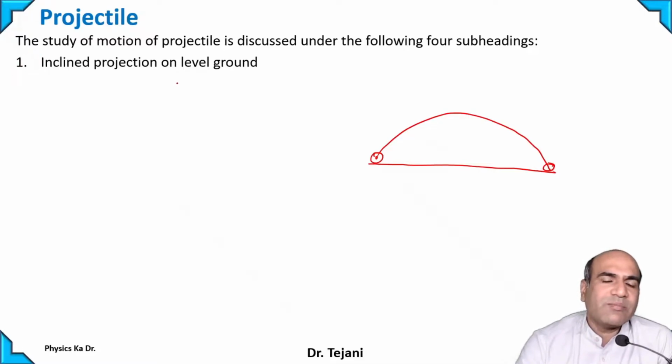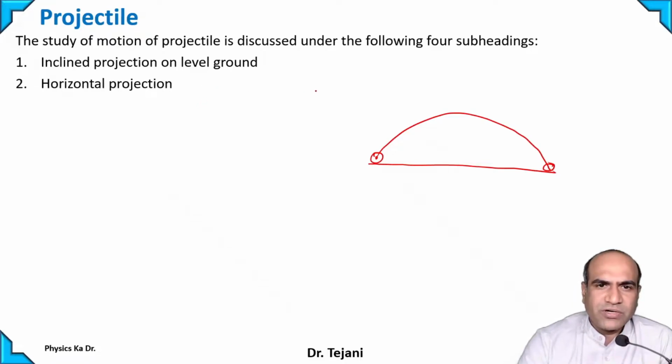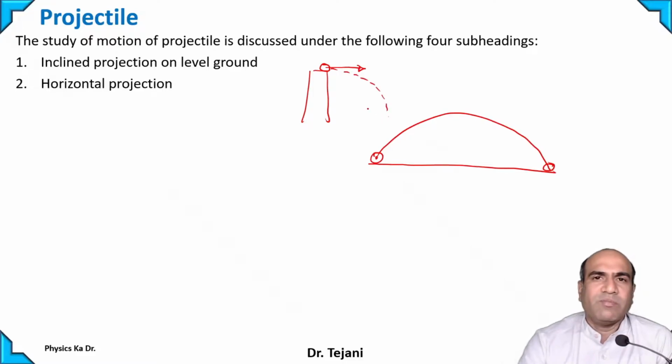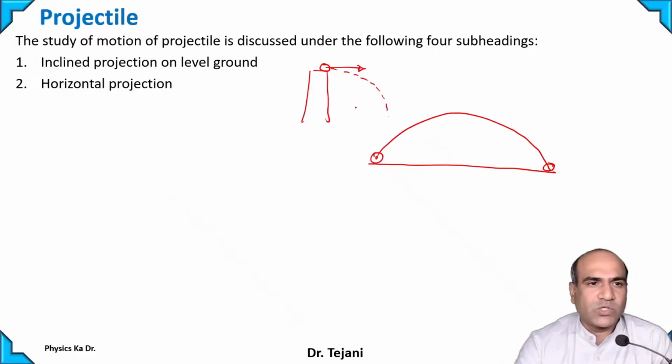Then horizontal projection from a certain height, which we did in part number 2 of this session. The object is thrown horizontally from some height, maybe from a plane or from the top of a building.